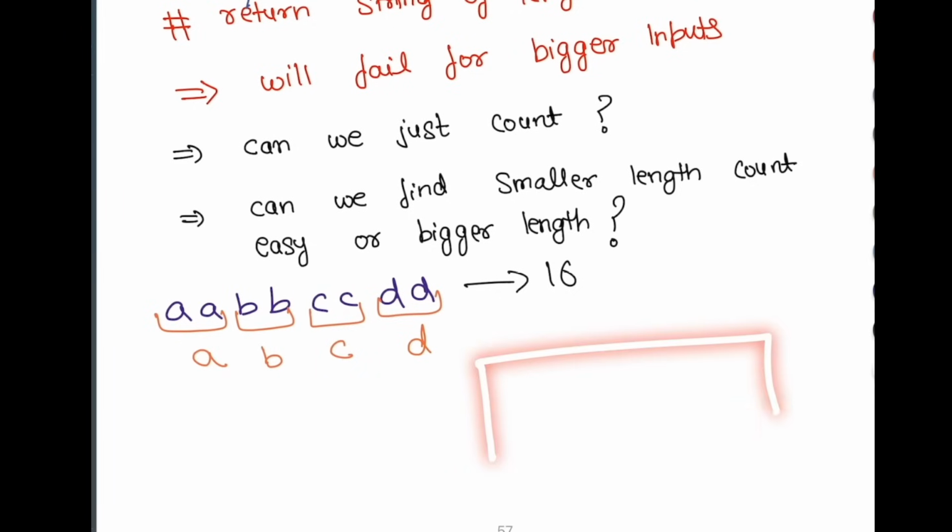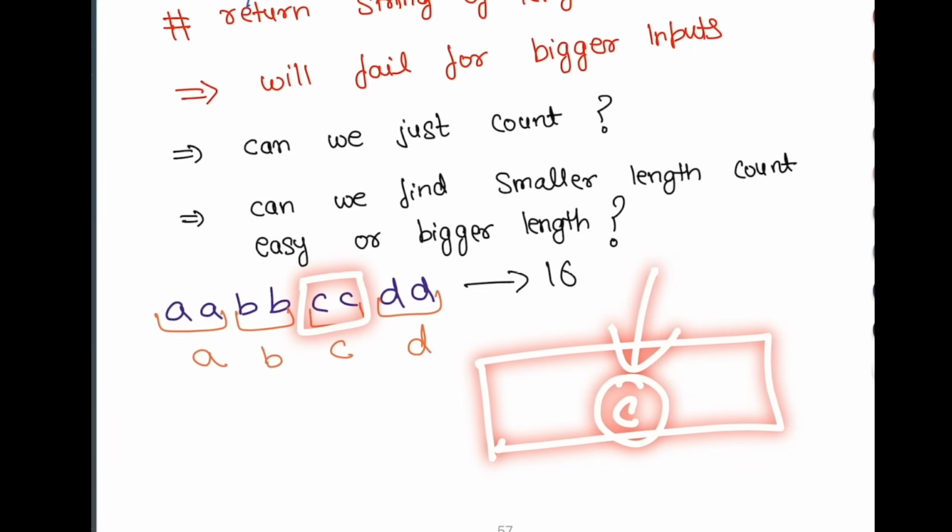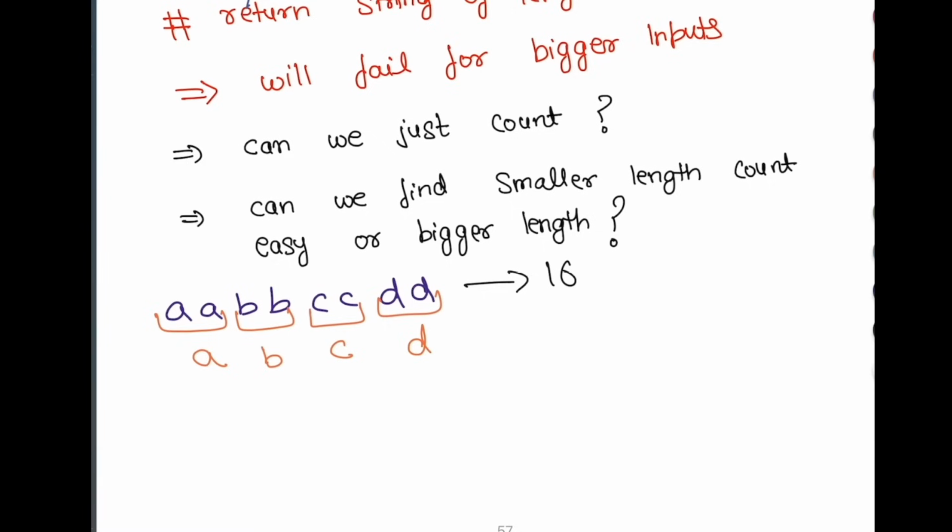If Alice is trying to type something and she ended up typing multiple C's, then for sure she was trying to type the character C. She just long pressed it and typed it multiple times, but she was actually trying to type it at least once. So for sure 1A, 1B, 1C, 1D. So the minimum length is going to be 4, right? That's the minimum length string Alice was trying to type. Now my question is, can we find the smaller length count easily or the bigger length count easily? The maximum length possible is 8, right?